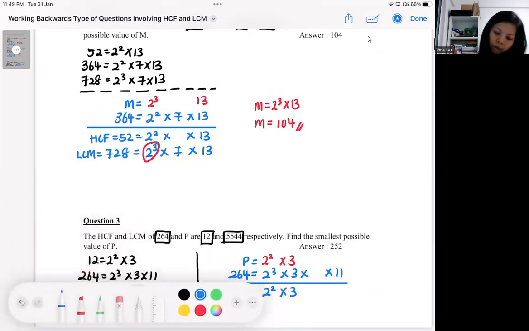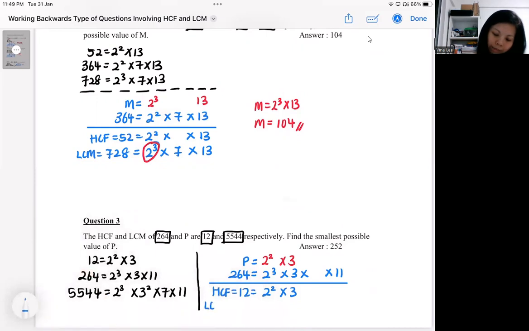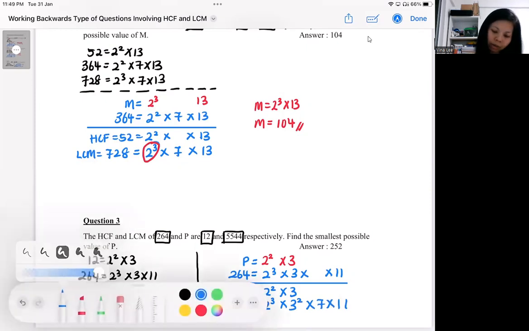Then I explore the LCM. The LCM is 2 cubed times 3 square times 7 times 11. If you observe, where does the 7 come from?